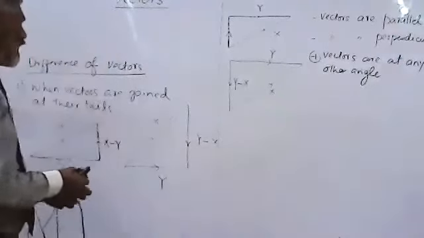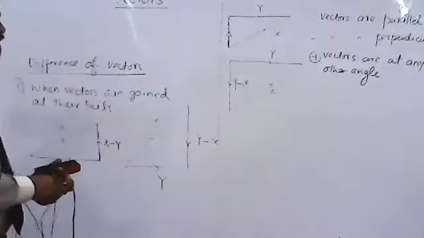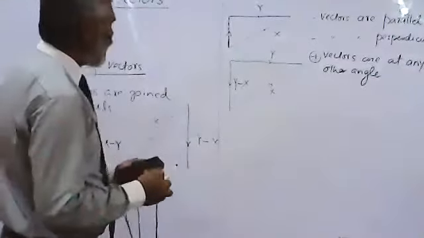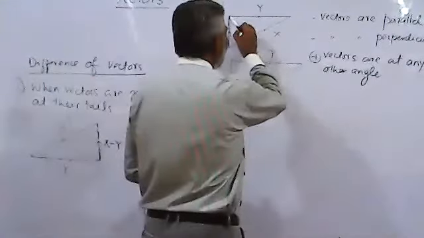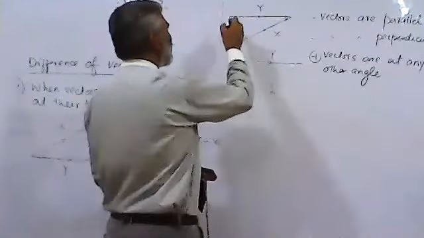Now, second situation is where instead of their tails, they are joined at their heads. You see, this is vector y directed in this direction, and this is the vector x directed in this direction, and they both are joined here. So this is the second case when heads are joined.